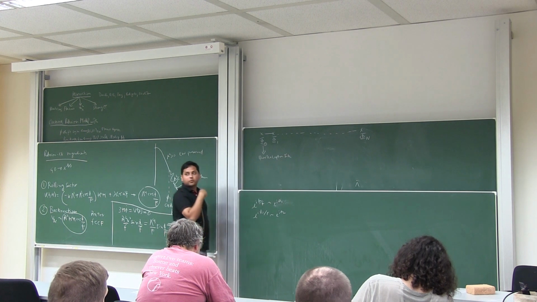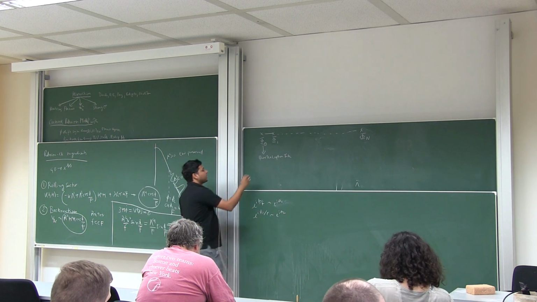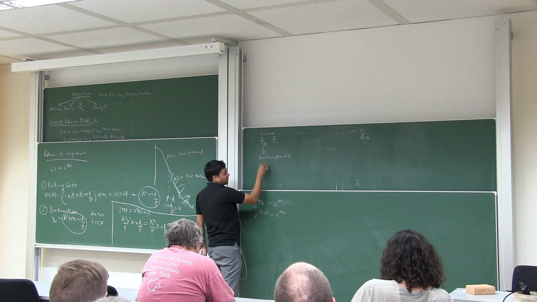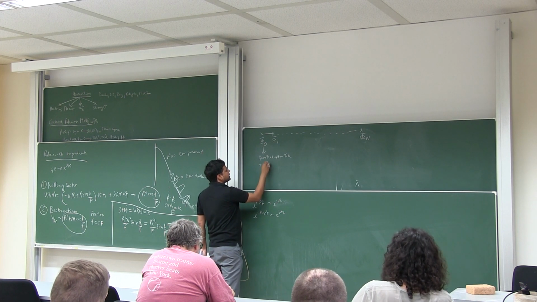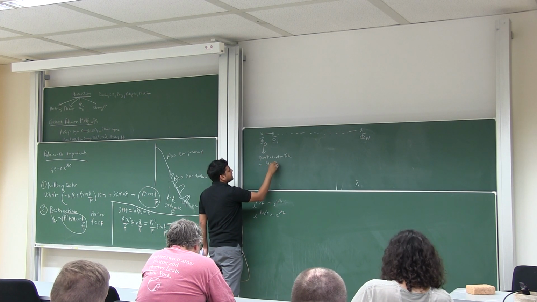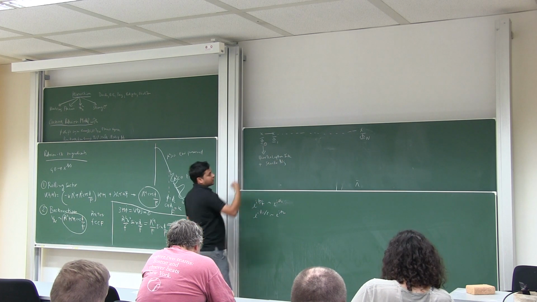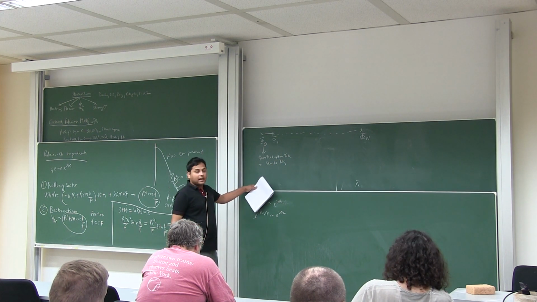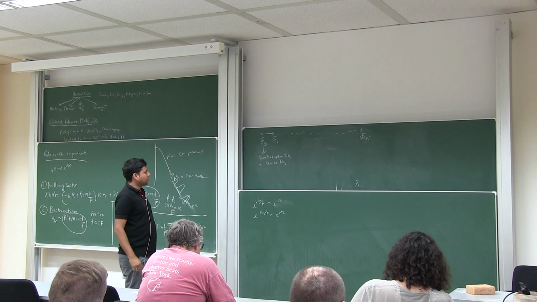Plus, I'm also going to break the Froggatt-Nielsen symmetry by adding Majorana masses of sterile neutrinos at the TeV scale, which will generate the back reaction for me. Okay, this is number one.